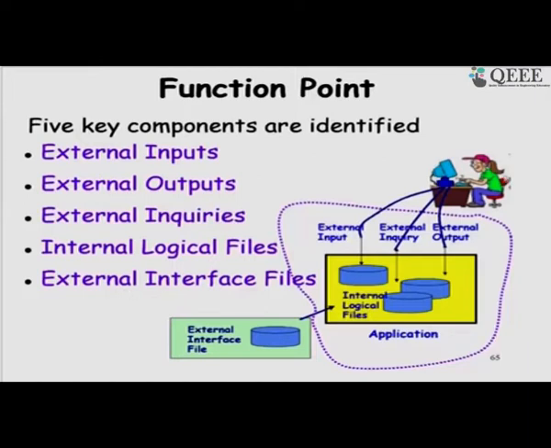So, that is what it shows here, and the user gives input which changes the data, enquiry which does not change the data, output which produces data, maybe a printout or maybe a display, and then the external files which are input to the system, and the external files might have been created by the user or maybe by other systems, maybe like a text file or an XML file and so on.